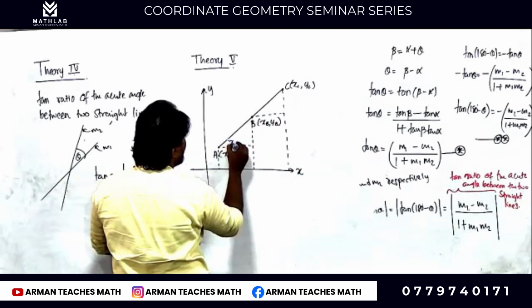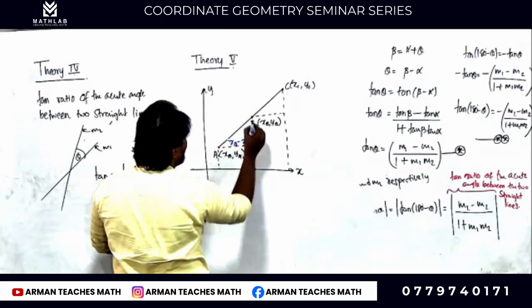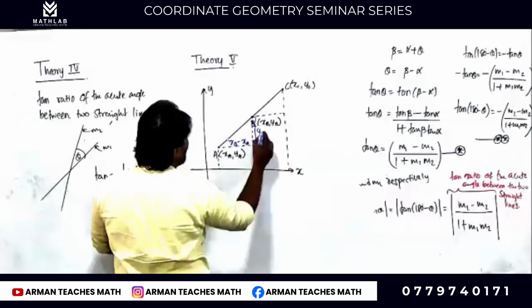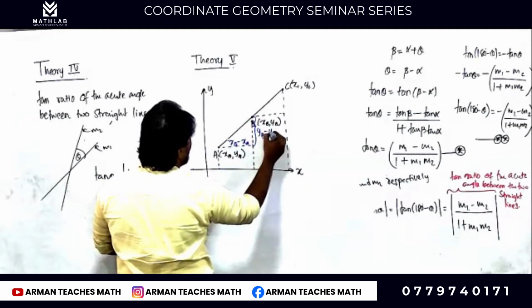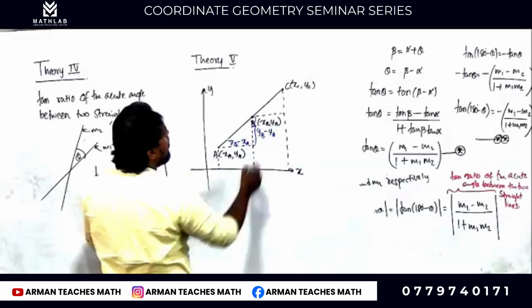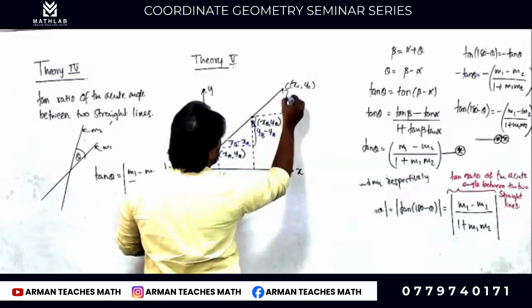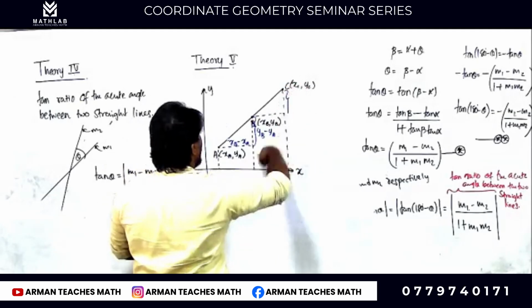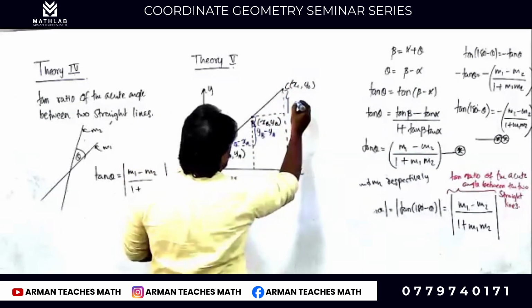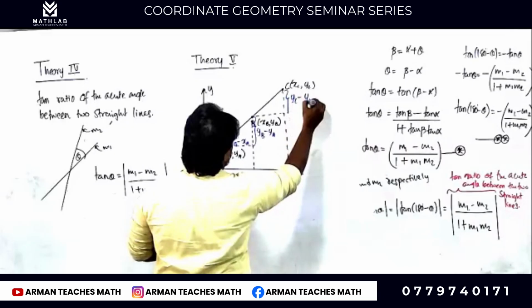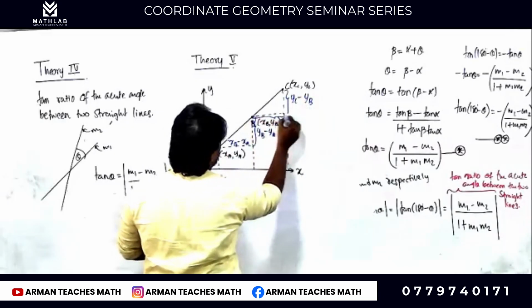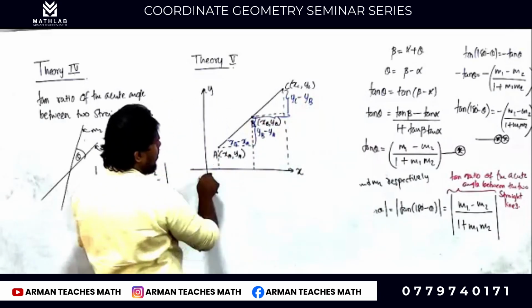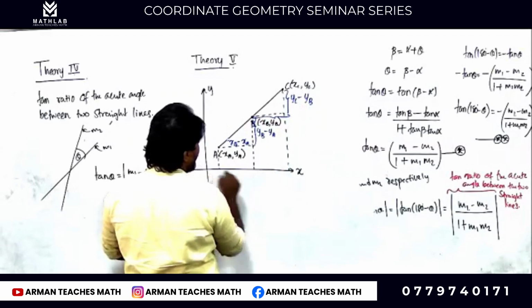This is YB minus YA. How about this? What is this height? YC minus YB. How about this length? XC minus XB.